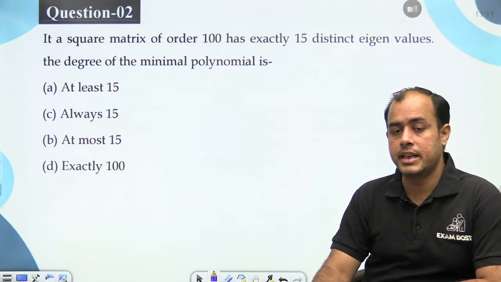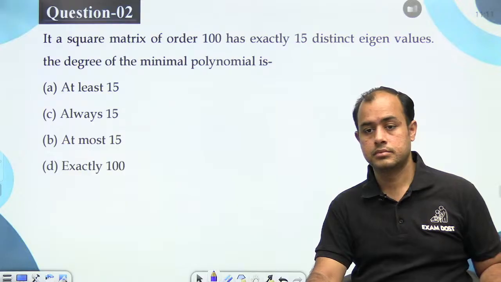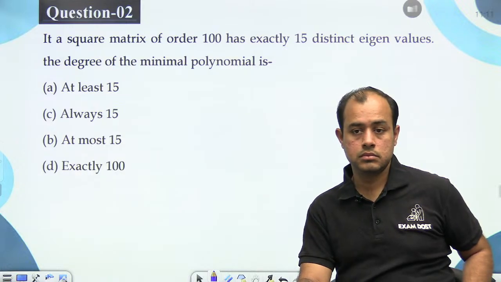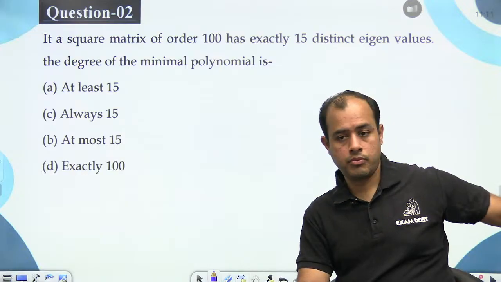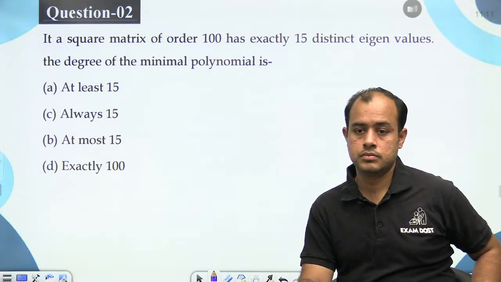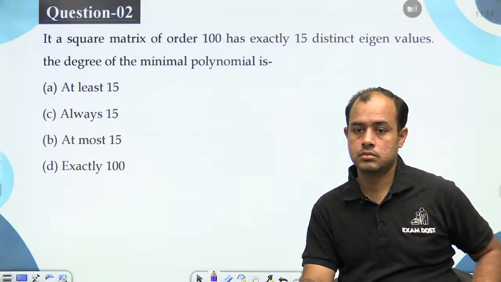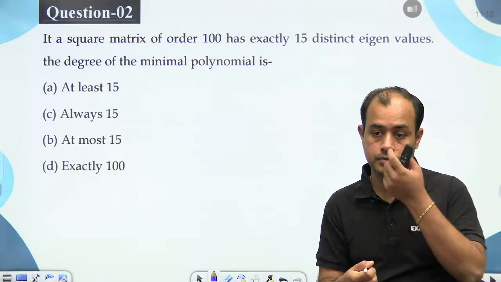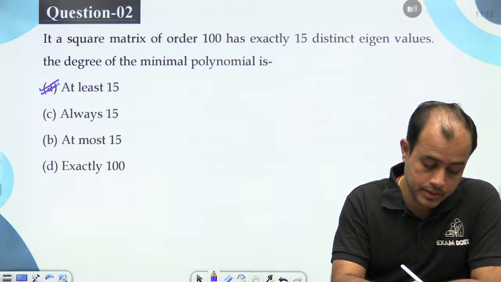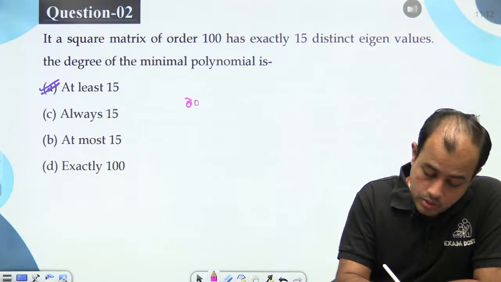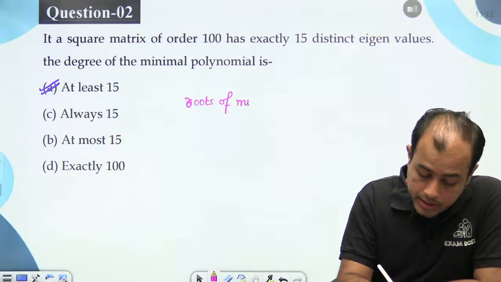What is the order of the minimal polynomial? At least 15. Okay.